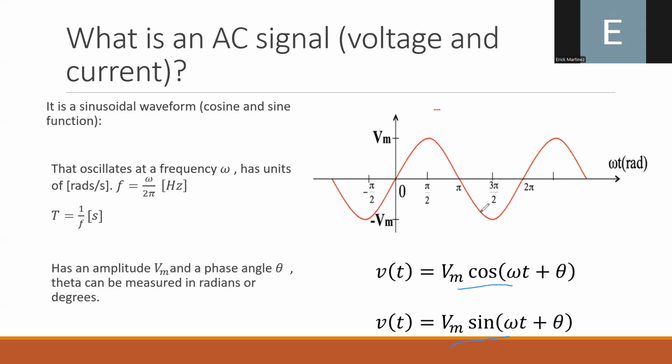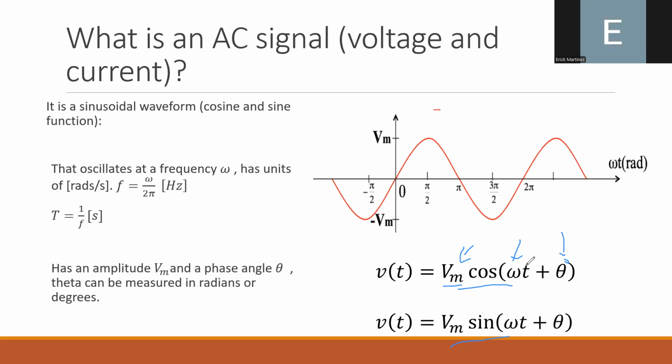These trigonometric functions have an amplitude, that is this term right here. We have a frequency and we have a phase angle. This angle is often measured in degrees, and basically the phase angle tells us about the displacement of the sinusoidal across the horizontal axis.